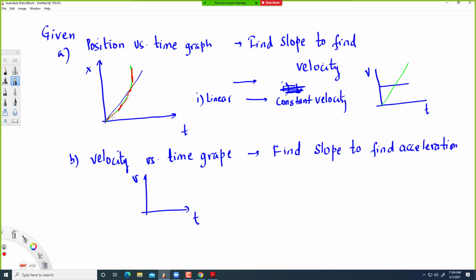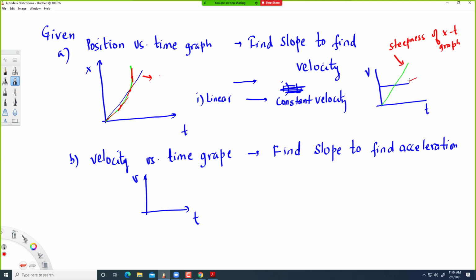There is an increase in the steepness of the graph, and that's what this represents: the steepness of the xt graph. This tells us that the steepness is changing, whereas for this blue one, the steepness is constant, the same throughout.